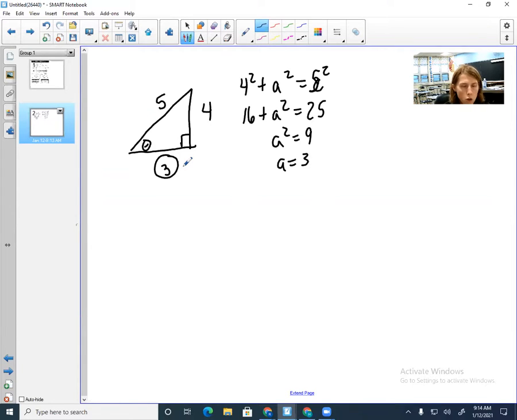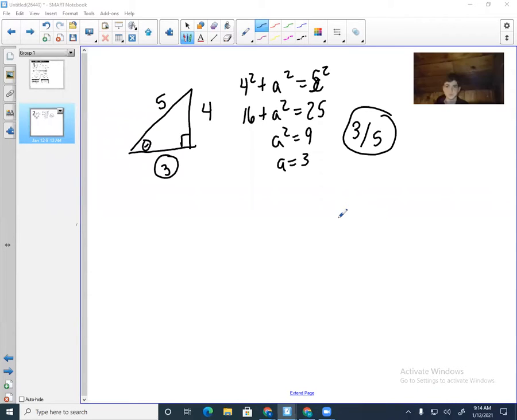You just look at the outside. So what's the cosine of that theta? It would be 3 over 5. So your answer is 3 over 5. So you just draw it and then find the other side, and then you should be able to answer it. Does that help you, Reed? Okay. Anybody else have any questions?